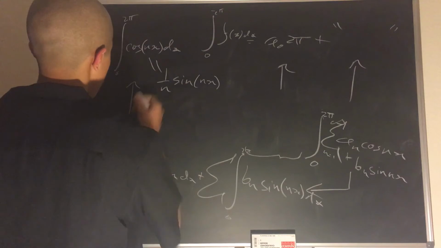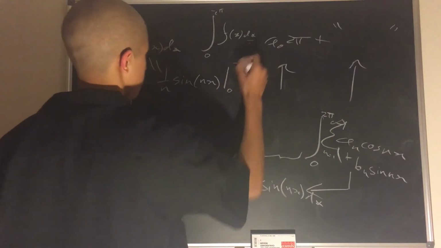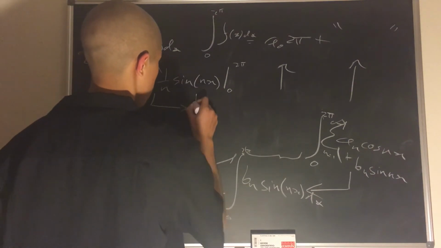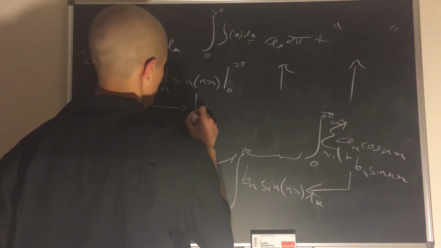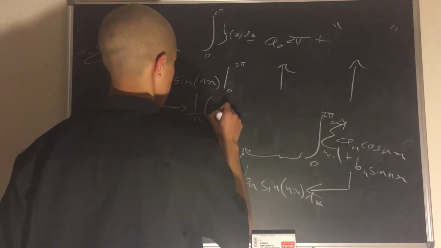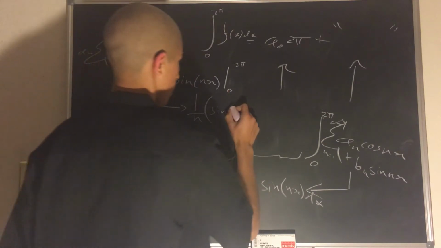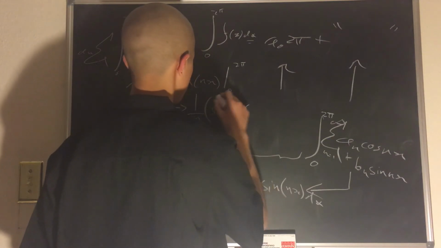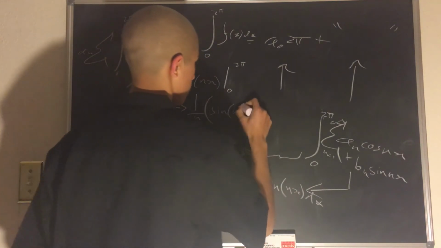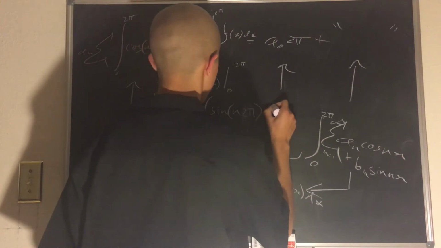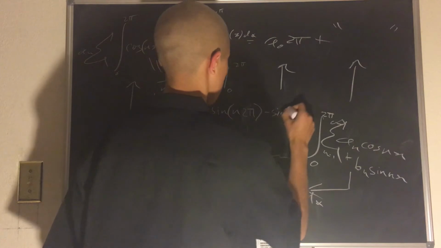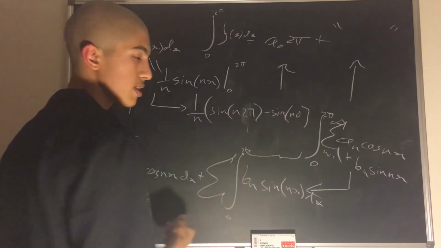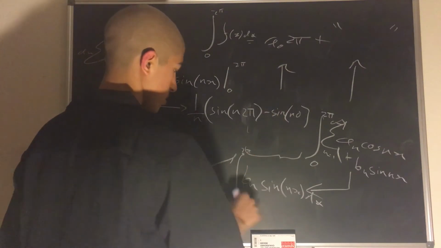So then we take this going from 0 to 2 pi, and this becomes 1 by n into sine of n into 2 pi minus the sine of n into 0. And the sine of 0 is very obviously 0, so this term doesn't matter.